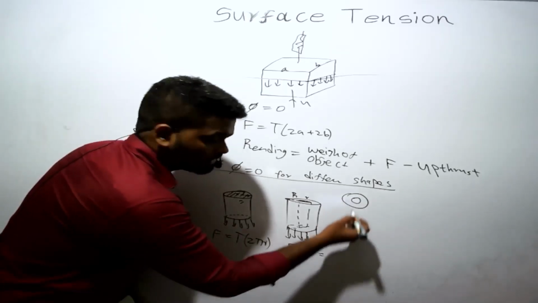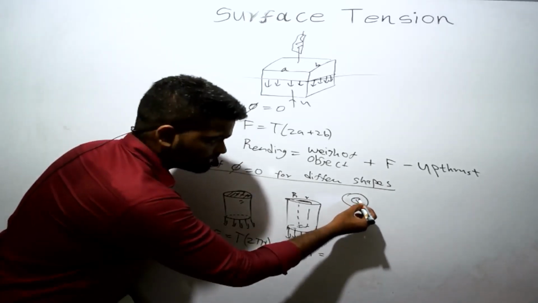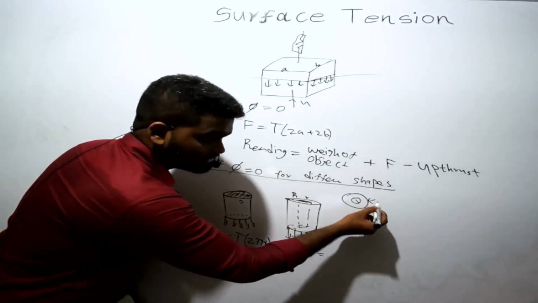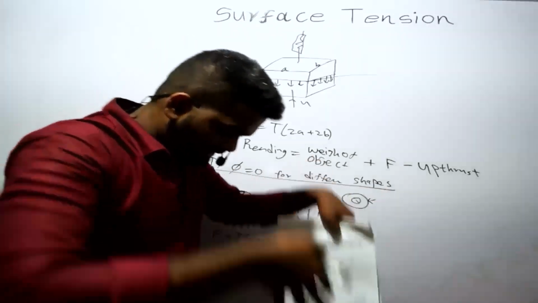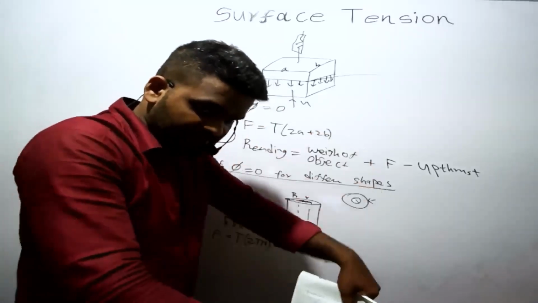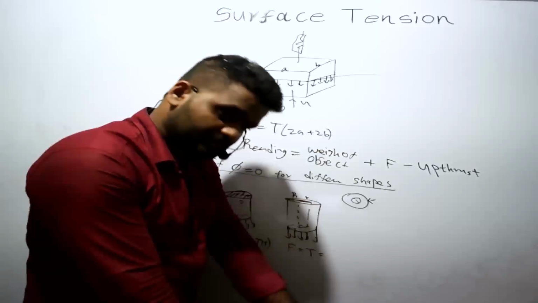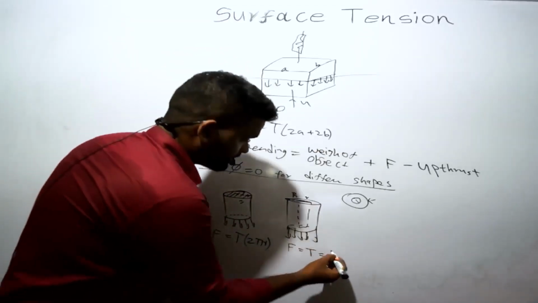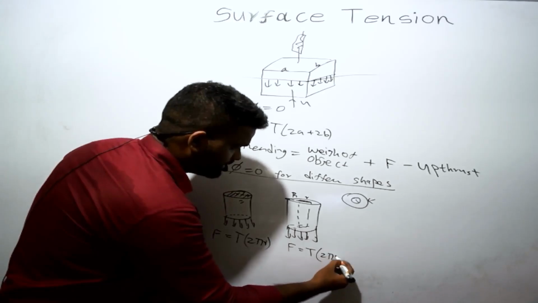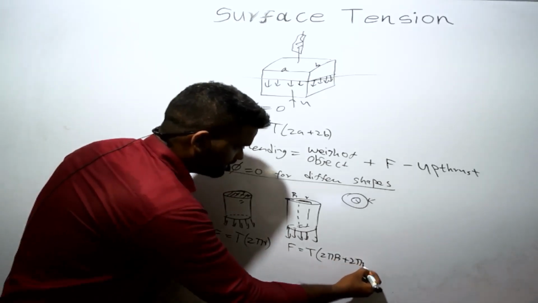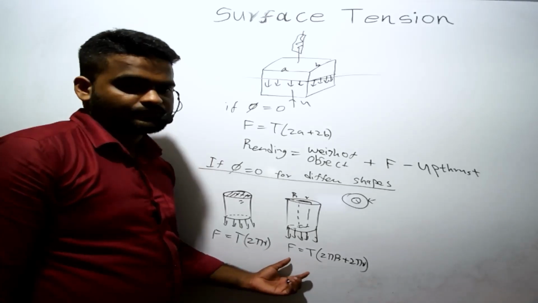For the internal radius it is 2 pi r, external 2 pi R. Those are the two lengths. There are T forces from the external surface, and on the internal surface also there are T forces downwards. So I have to consider both. So T times 2 pi R plus 2 pi r. This is the total surface tension force.